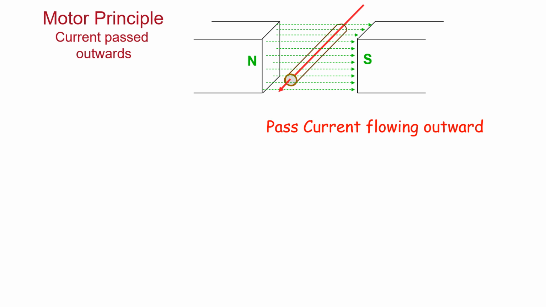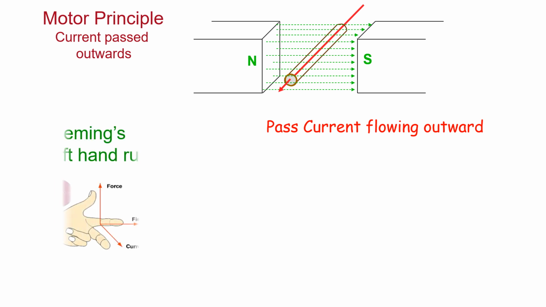In order to know the force direction, let us apply the Fleming's left hand rule. Show the first finger of the left hand in the magnetic field direction, the second finger in the current direction. In this case, it is towards outward.